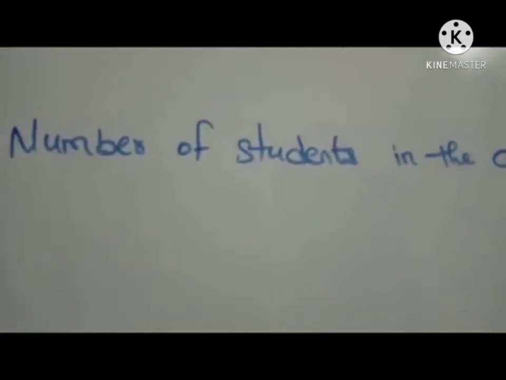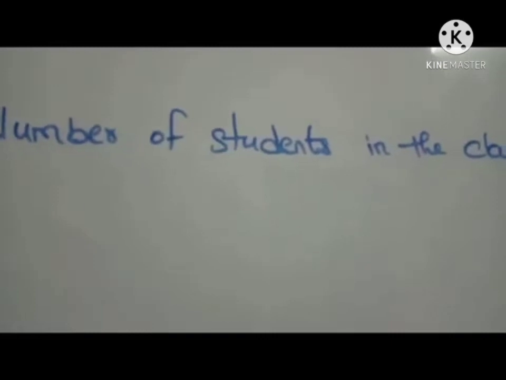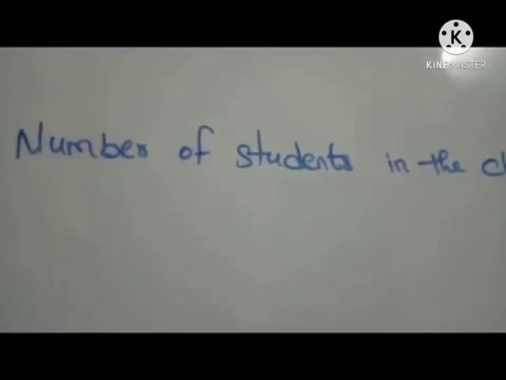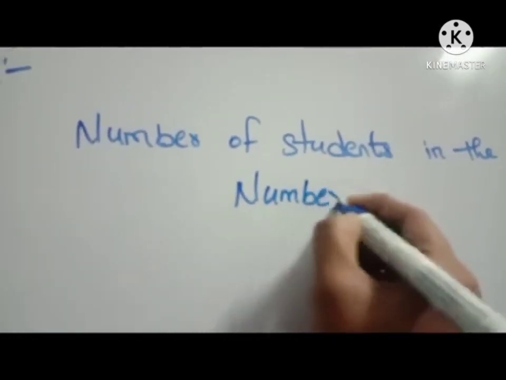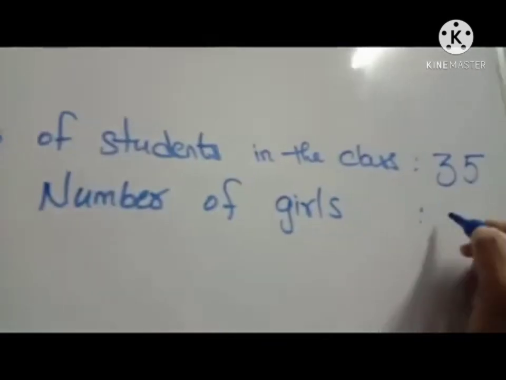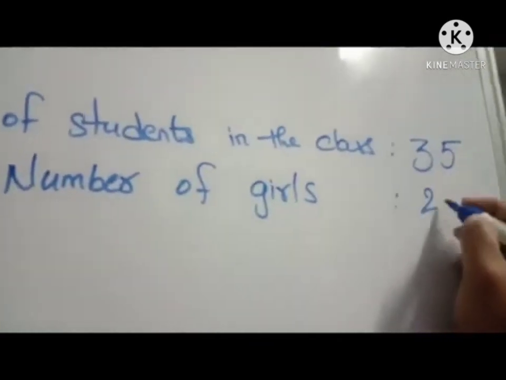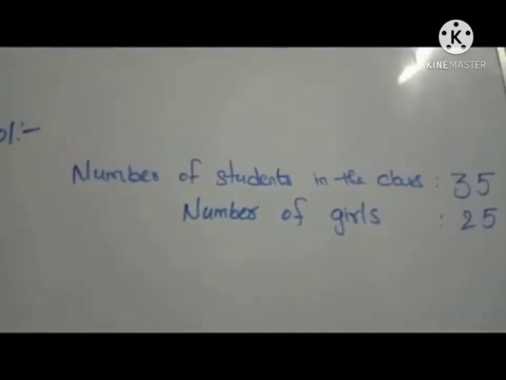Next, number of girls. How many girls are there? 25 are girls and the rest boys. Number of girls. How many girls are there in that class? 25 members are there. Again, what do we have to find here?